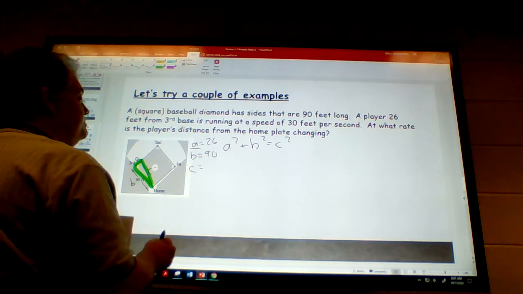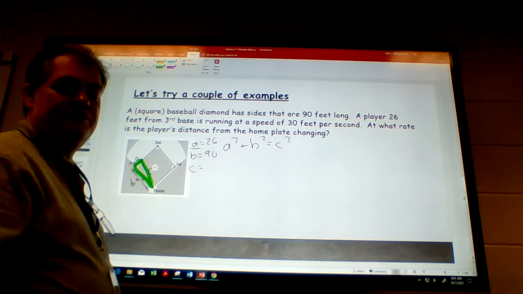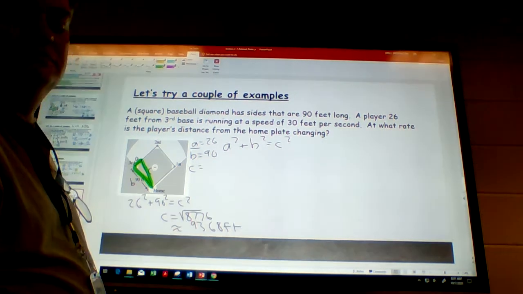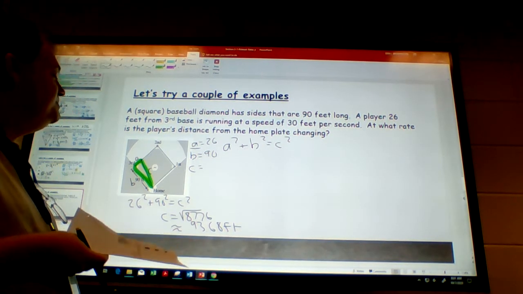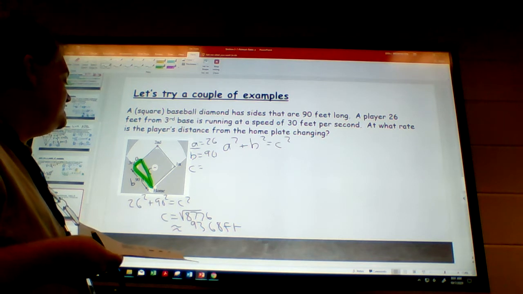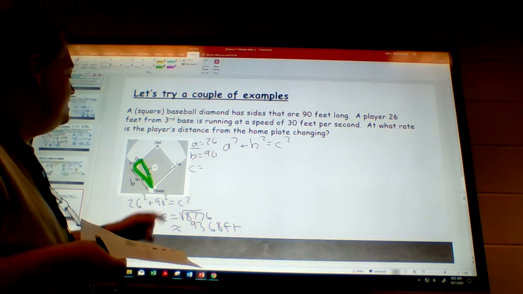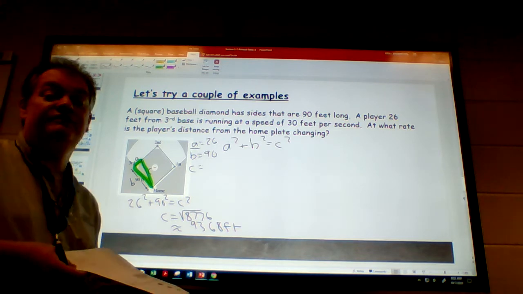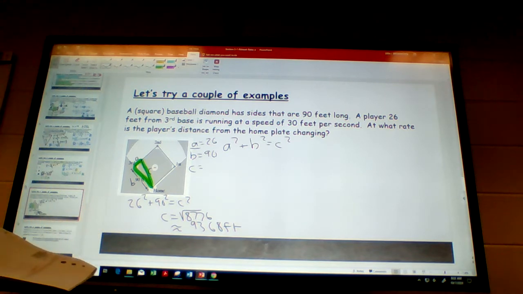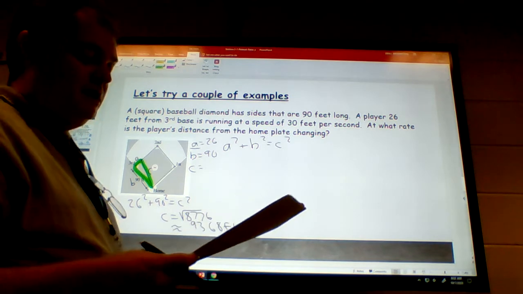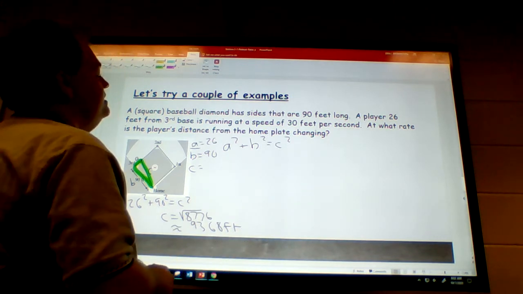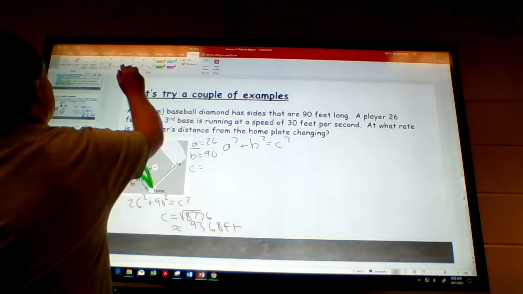So we'll be computing that, and when we do compute that with the information, we get approximately 93.68 feet at the moment when A is 26 feet, and B is the standard 90 feet, the distance between the bases. All right, so now this is going to involve plugging in what we know and doing some deriving.